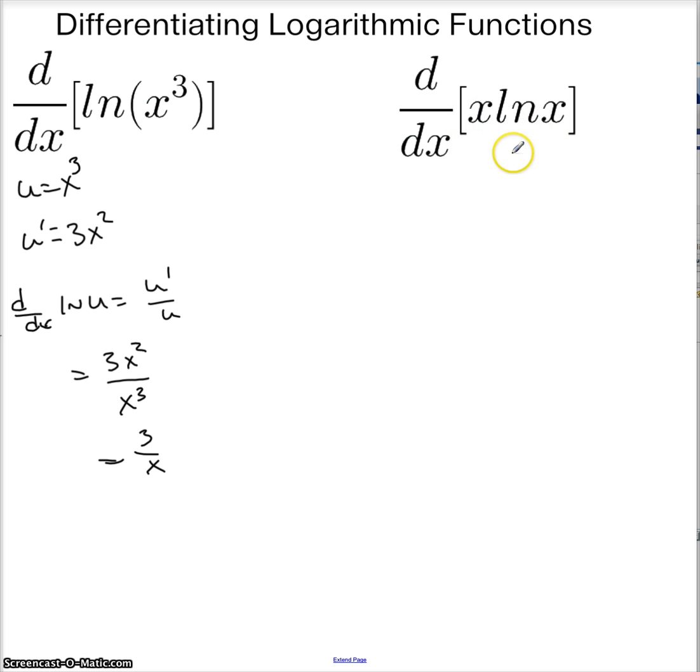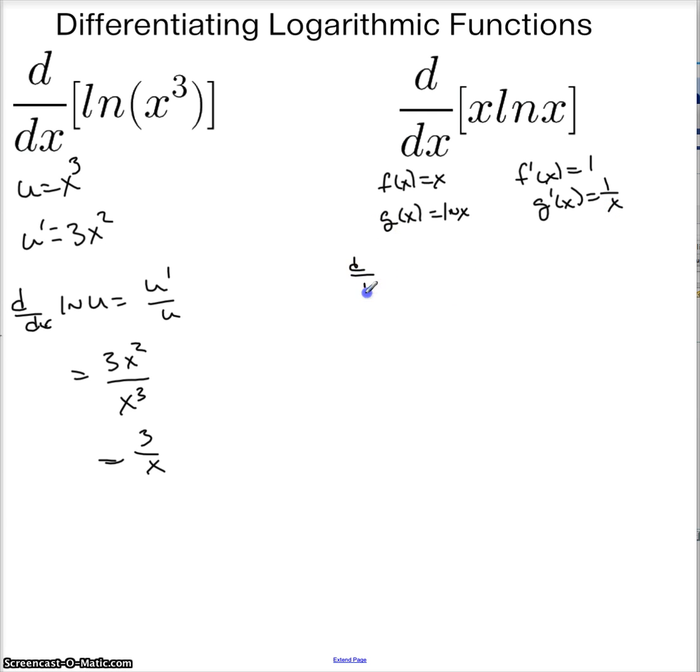Now what about this one? We're going to have to use a product rule here. Let f of x equal x. Then f prime at x is 1. g of x is natural log of x, g prime at x is 1 over x.